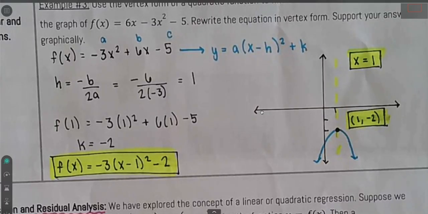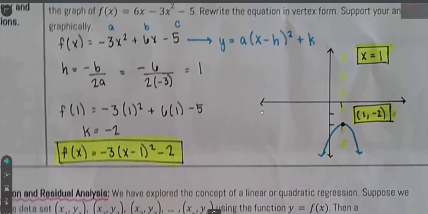If this does appear on the AP exam, I would guess that it would be a multiple choice question, maybe 2 multiple choice questions on the calculator portion. If it appears on the non-calculator portion, they would have to provide you with a chart. Otherwise, it would be impossible to solve for these.